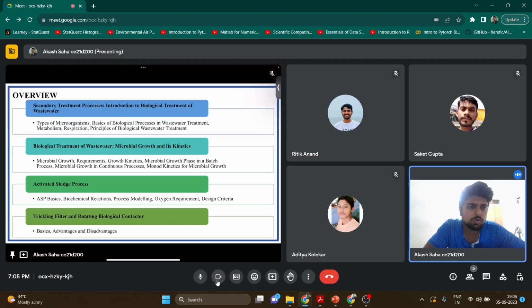Do you want me to go through the activated sludge process again with the process modeling derivation, or do you want to directly go into the subjective questions? Please let me know, because process modeling of this activated sludge process is a major part in this biological treatment.